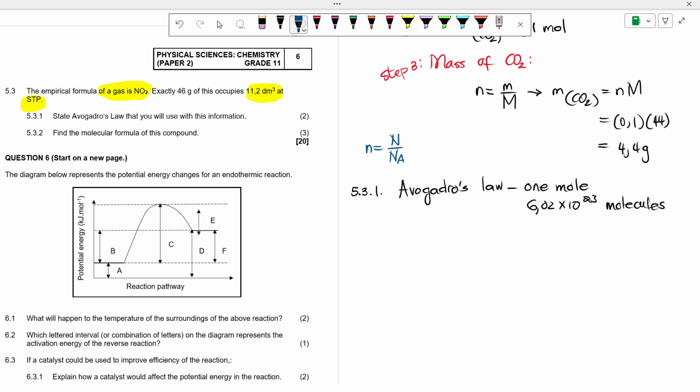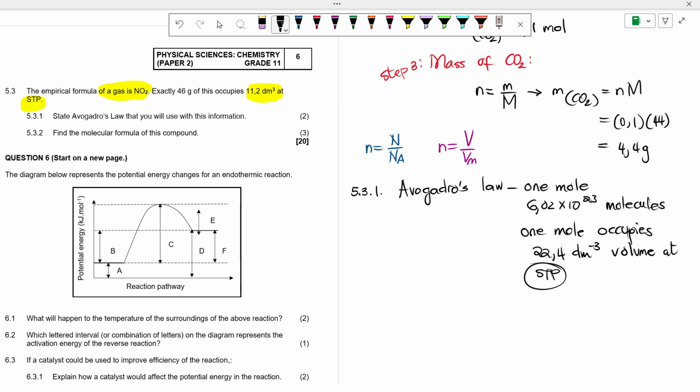So that's why I feel like we need to define this equation, which would say that 1 mole of a substance occupies 22.4 decimeter cubed of volume at STP. But I'm not sure if it is to do with Avogadro's law, but again we'll check that.